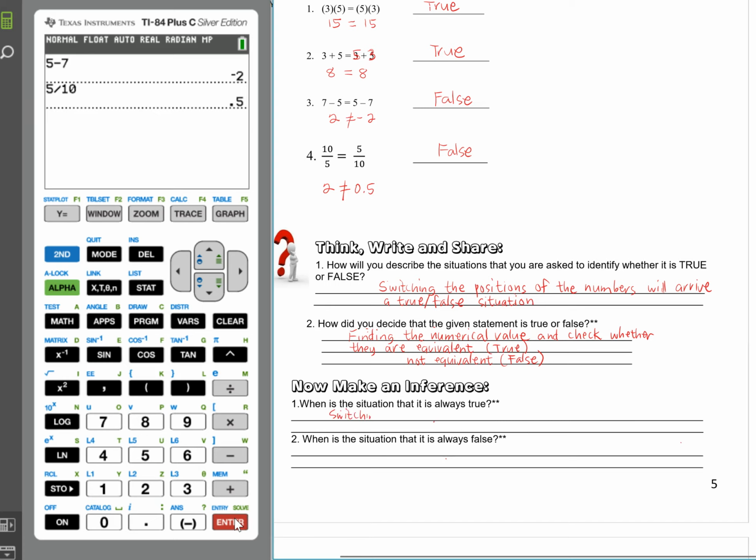So I would say switching the numbers is always true when it is addition or multiplication.